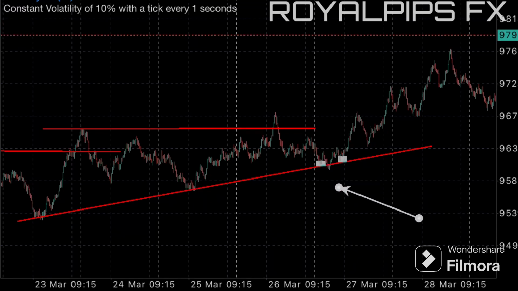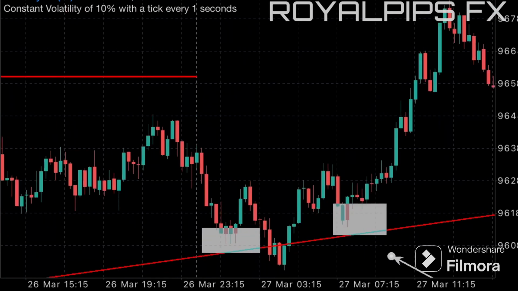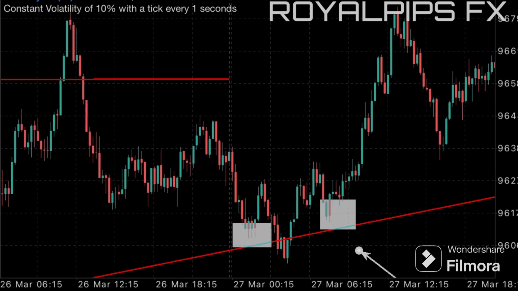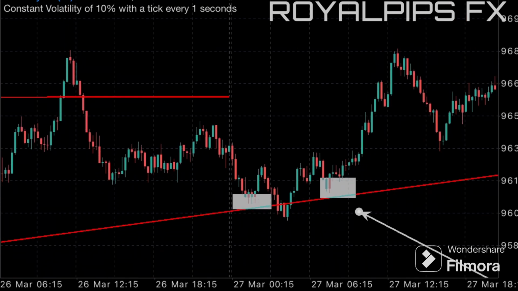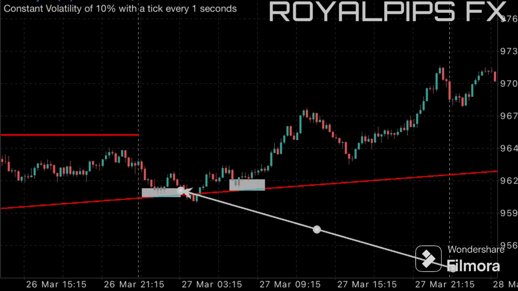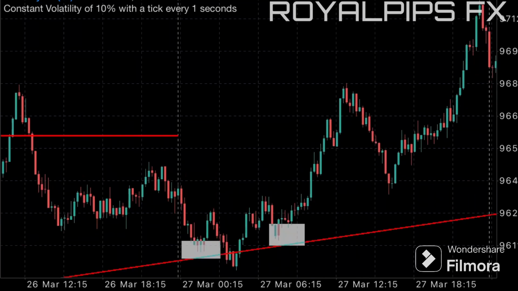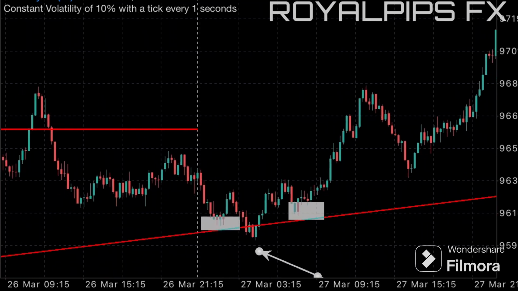Note that on the third touch of the trend line, we are to look for a double bottom to long the market, or a head and shoulder pattern to long the market. And right now, as you can see, we have a head and shoulder pattern right about here.